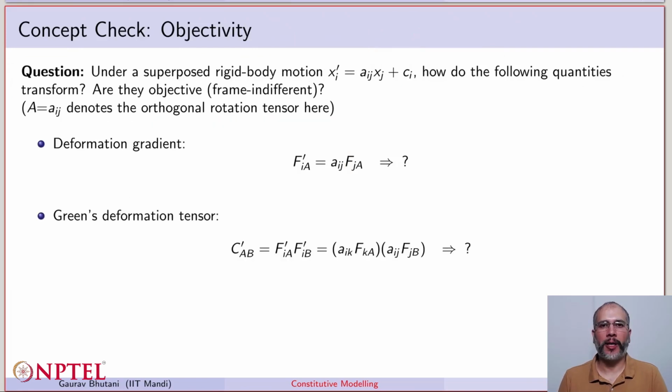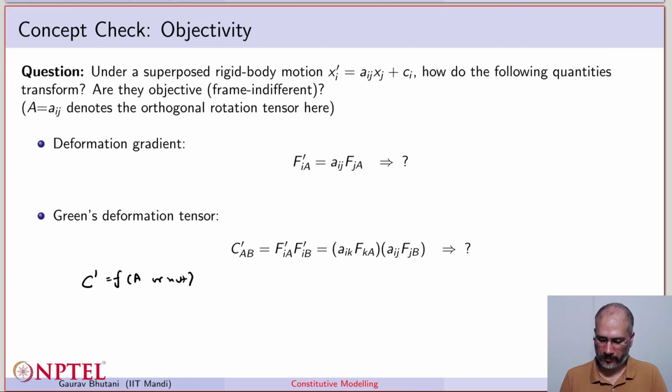Again, for evaluating whether C is objective or not, we check whether C' is a function of A or not. If C comes out to be a function of A, then it depends on the rotation, so it is not objective. However, if C does not depend on A, then it is objective.